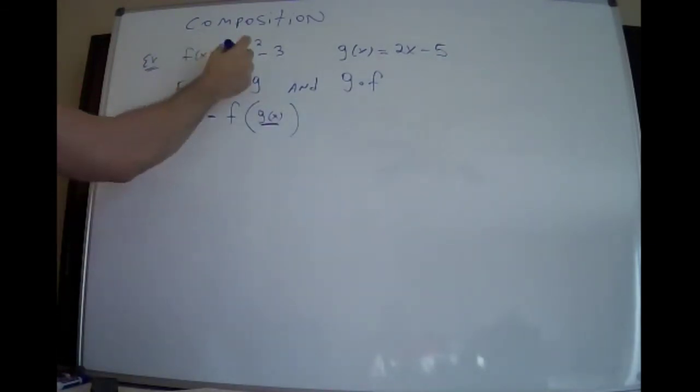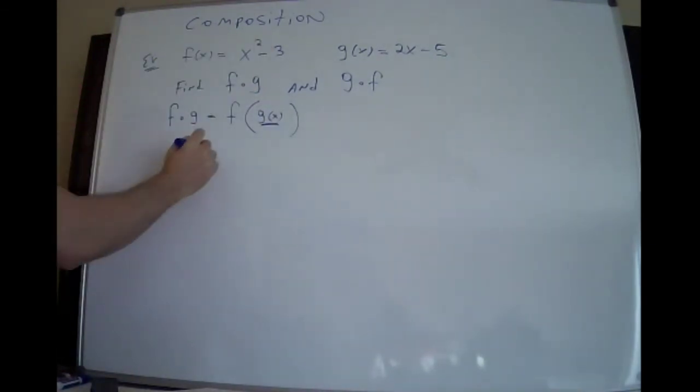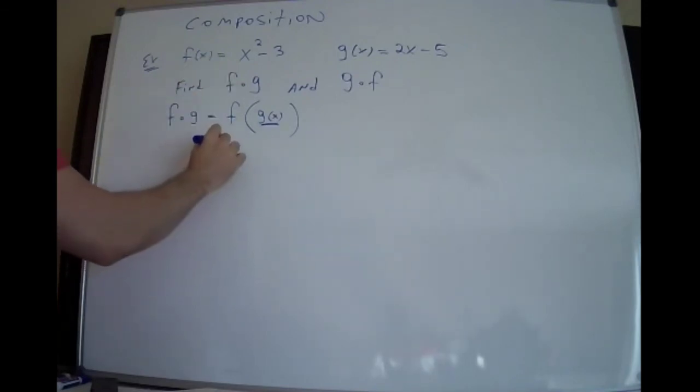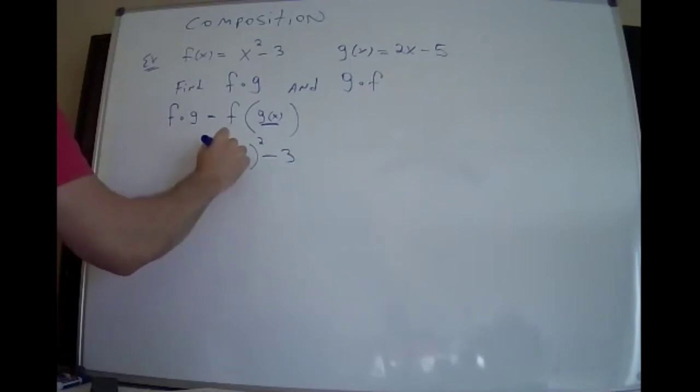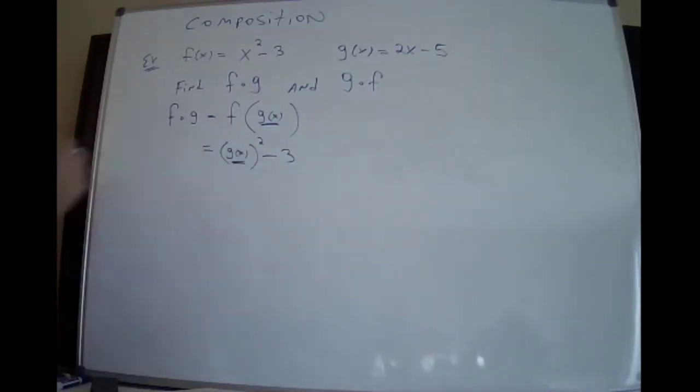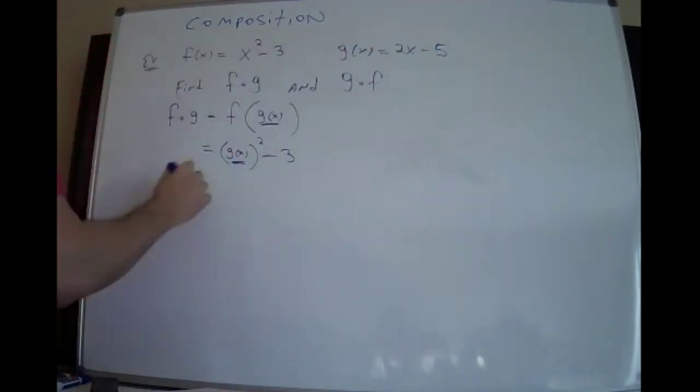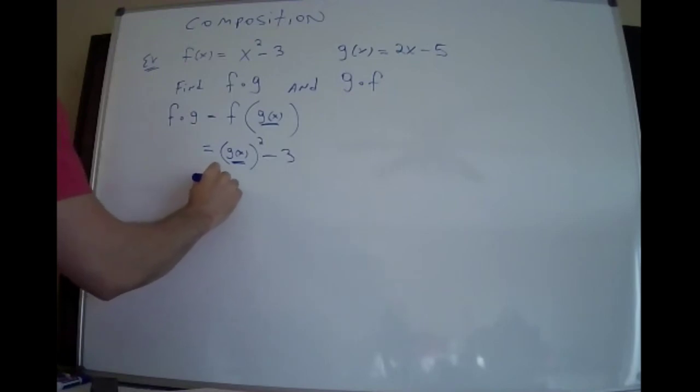So f is x squared take away 3. So wherever x is, I'm going to put the g. Right? Instead of x squared minus 3, I'm going to replace x with 2x take away 5.